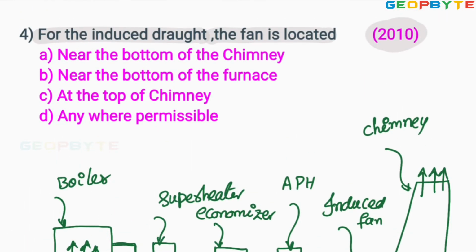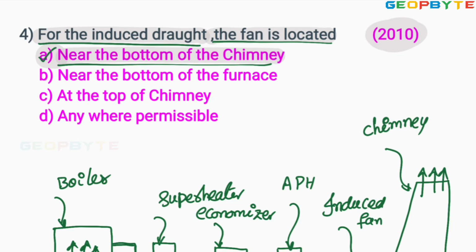Look at the options. So let me read the problem once again. For the induced draught, the fan is located near the bottom of the chimney. Absolutely correct. Option A itself is absolutely correct. Near the bottom of the chimney, an induced fan is connected in case of induced draught system. I hope all of you clearly understood.